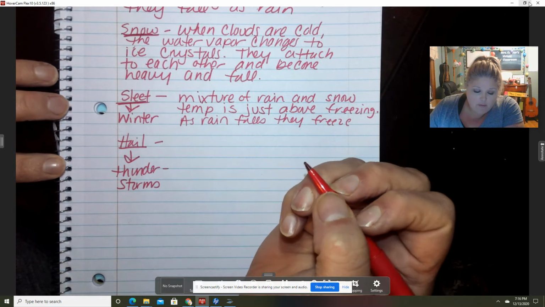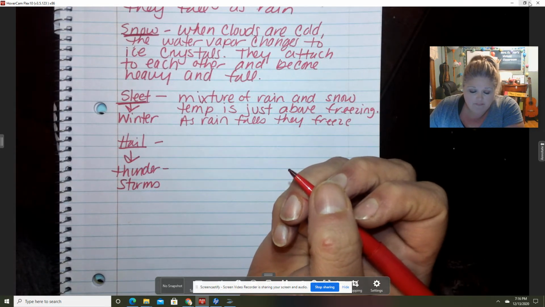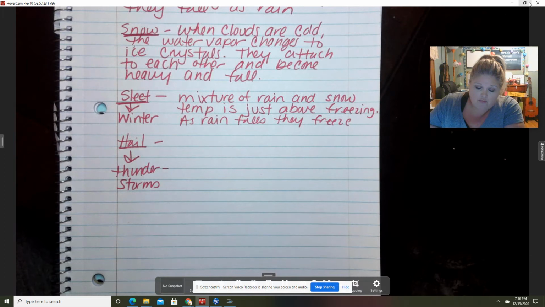All right, so raindrops freeze as they fall, and the wind pushes the frozen raindrop back into the cold air. So this is what's going around and around and around. And then the layer freezes. They just freeze and freeze on top of them, and they get bigger.